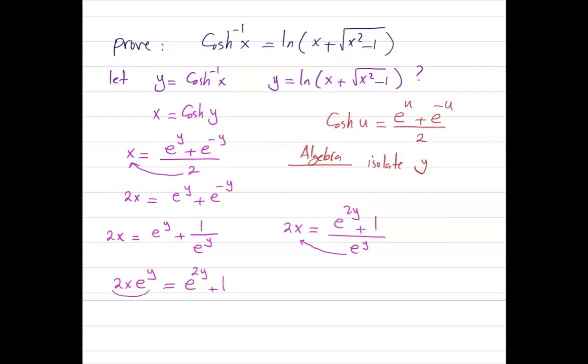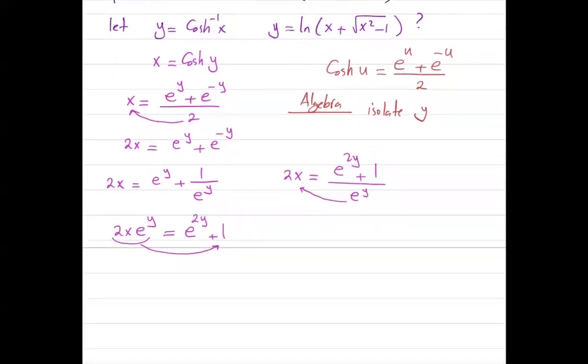Bring 2x e to power y to the other side to form a quadratic equation. So you get e to power 2y minus 2x e to power y plus 1 equal to 0. This is a quadratic equation. How do we see that?